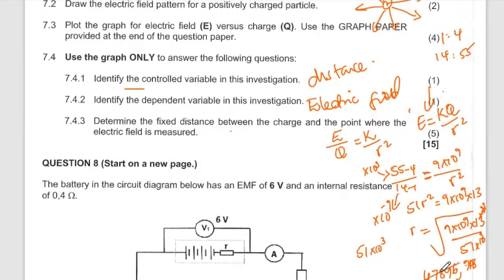Yeah, perfect. So I'm getting 0.04789. I'll just make it 9 meters. Perfect. So guys, that's the answer.